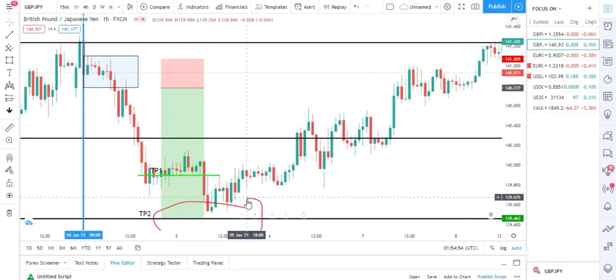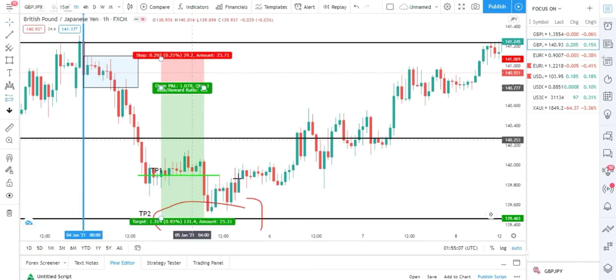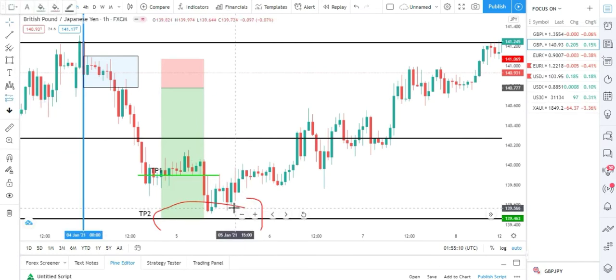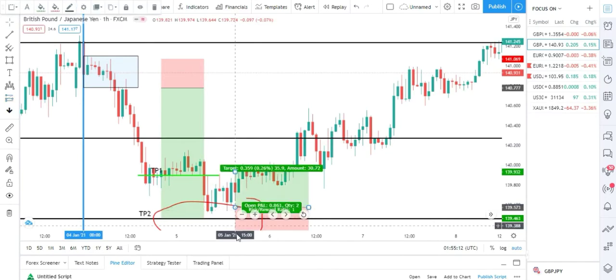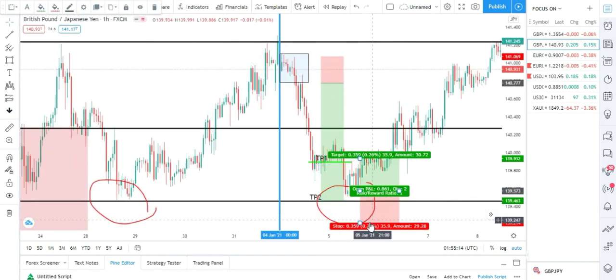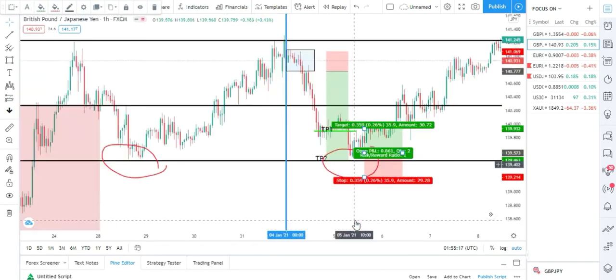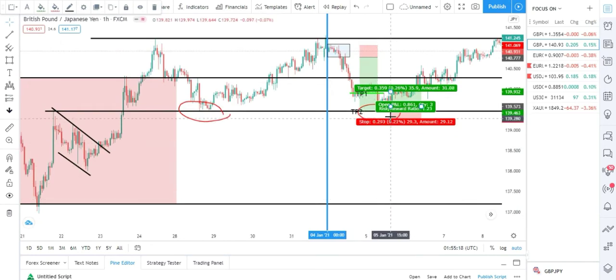Then I could have waited until I saw this and probably have entered here, but it would have been dangerous, because as you can see, this would have probably taken me out. But when you put a stop loss, guys, you should always put it a bit below the wicks so that it doesn't take you out before the initial move to the upside.